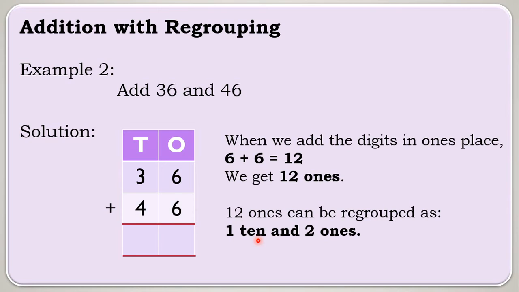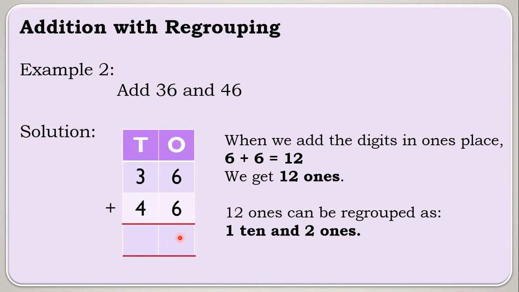While adding such numbers, where the sum of digits in ones place exceeds 9, we get 10 or more than 10. So we will write down the digit at the right extreme in ones place, and we will carry it to the next place.